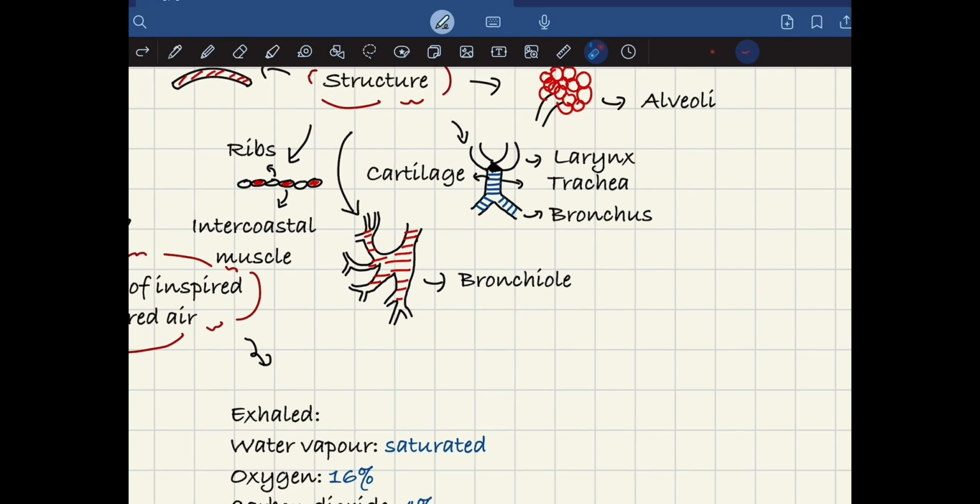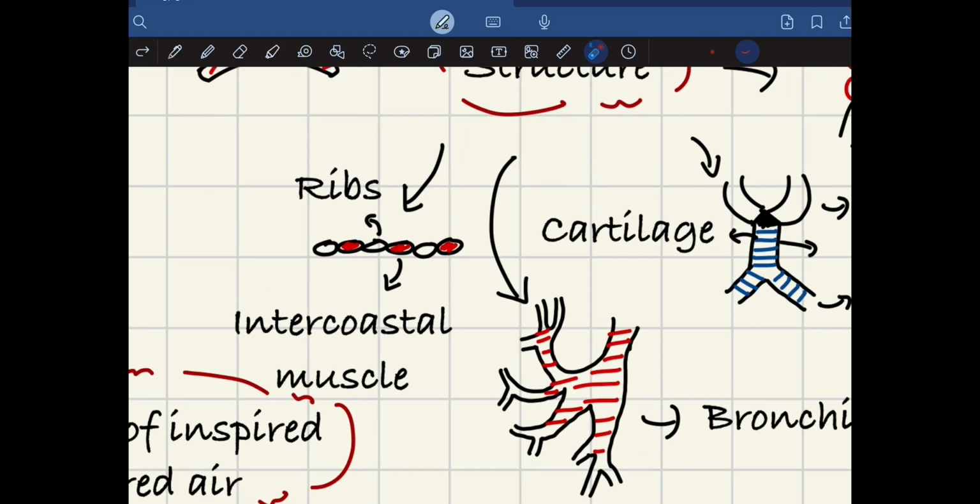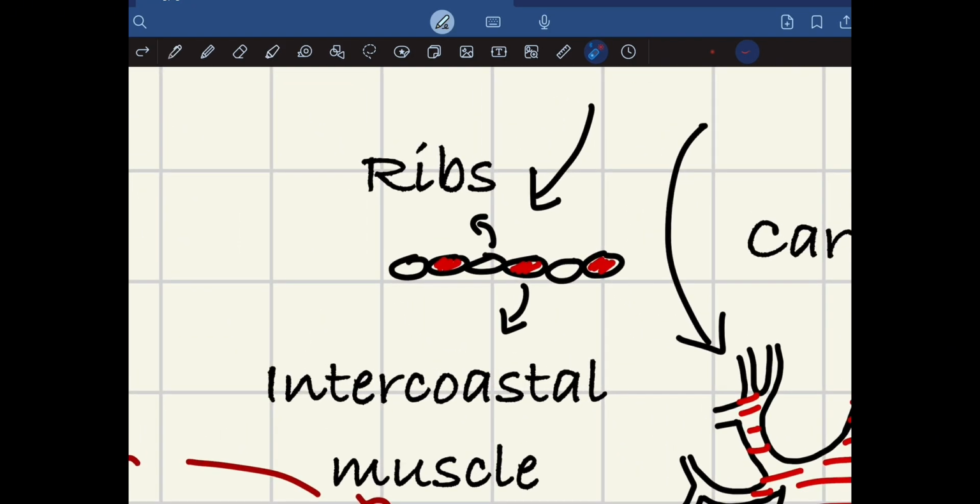Next, this chain-like structure is basically two things. The white part is your ribs, and the shaded or red part is going to be your intercostal muscle.